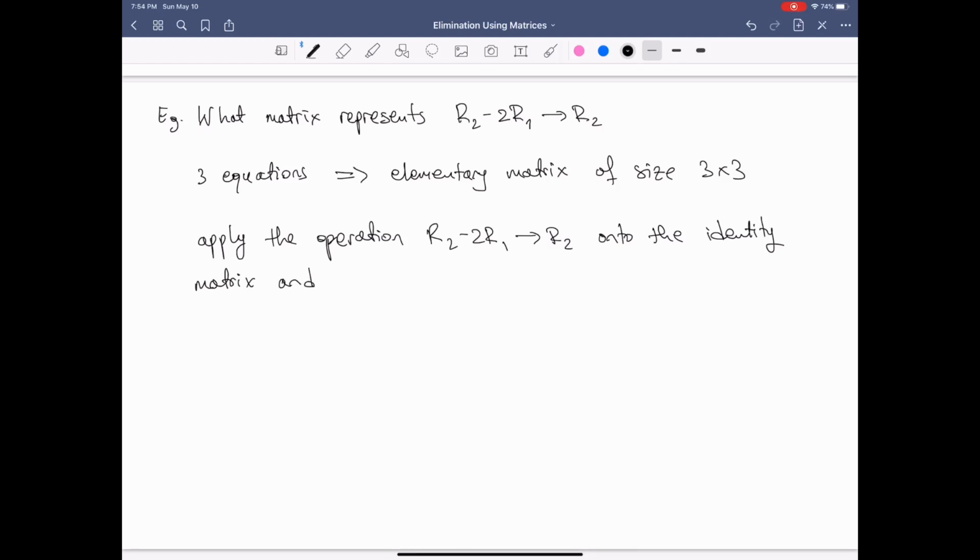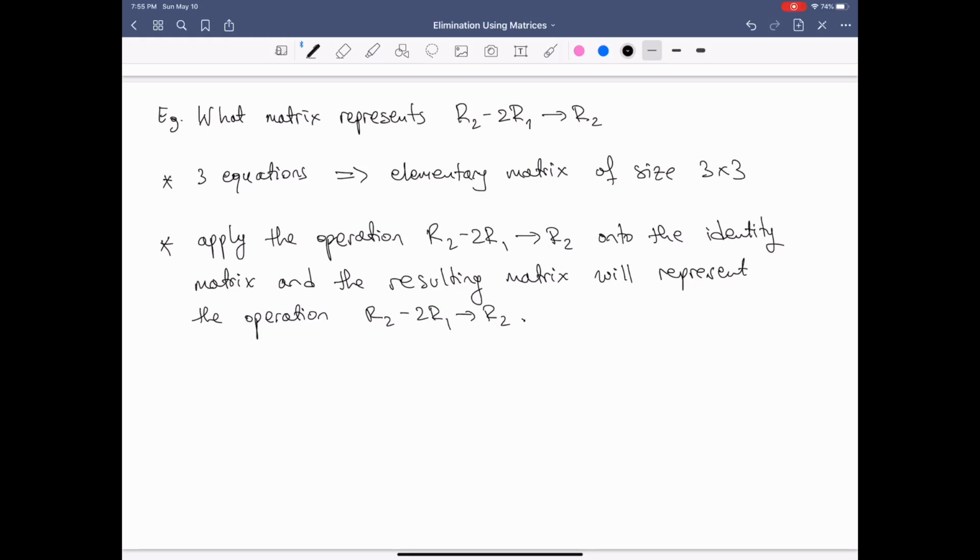And the resulting matrix will represent the operation R2 minus 2R1 into R2. So let's do this. This is the procedure, if you wish.